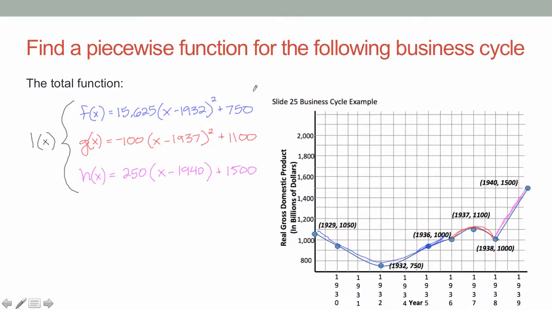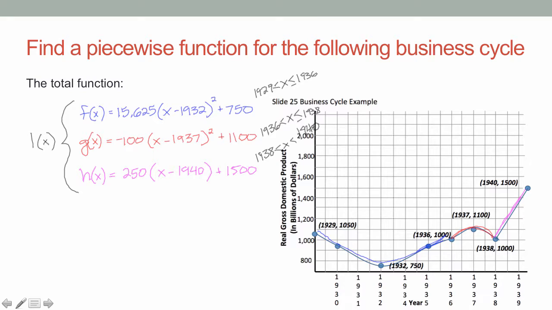This first function gets used for x values greater than 1929, but less than or equal to 1936. We use the second function between 1936, those x values, all the way up to 1938. But then we use this last function from 1938, all the x values, that should be equals, all the way up to 1940.